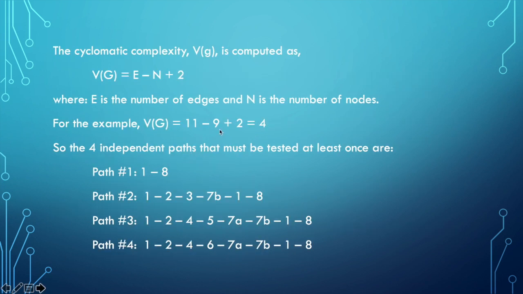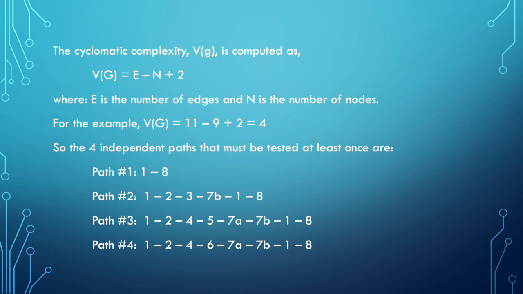Minus 9 nodes. Remember, there's a 7A and a 7B, 8, 9. 9 nodes plus 2 equals 4.